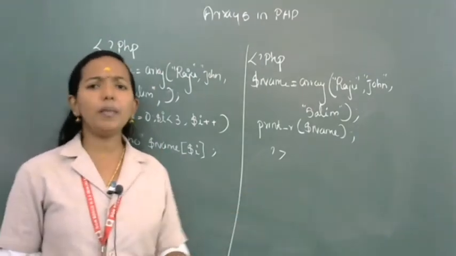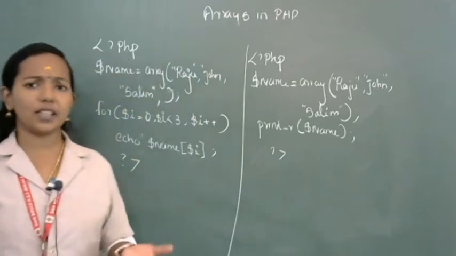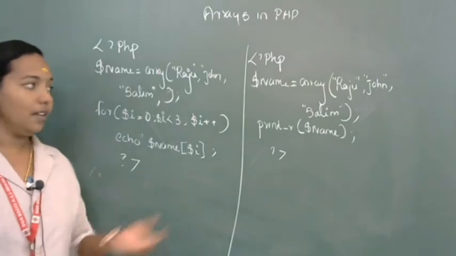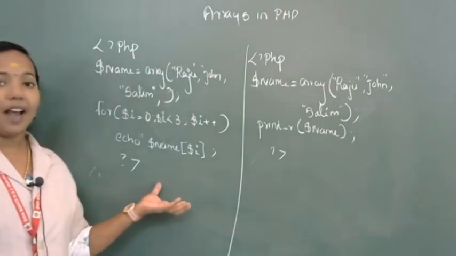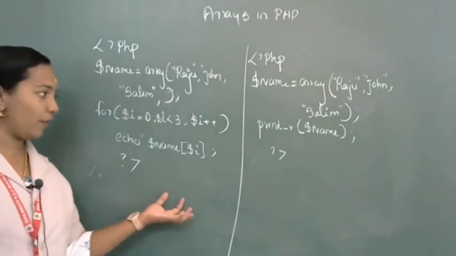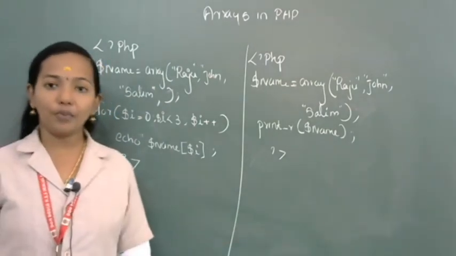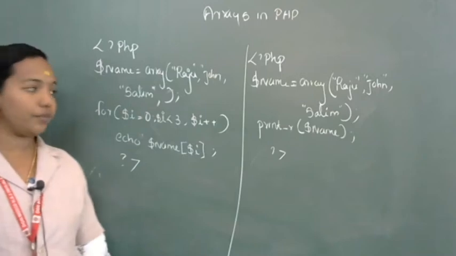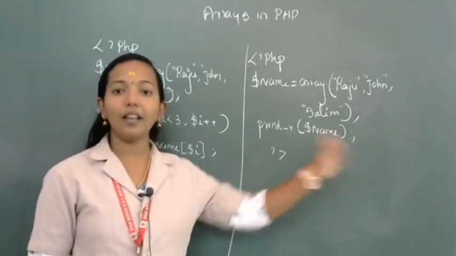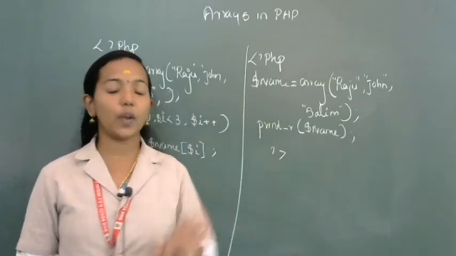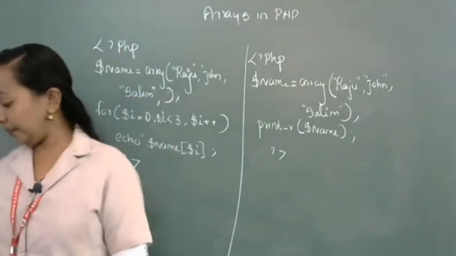Because so many compiler-derived functions are available, we can make use of those functions for executing PHP. So this is an example of a simple array, printing using a for loop, and the second one using the print_r function. You don't want to specify any condition, you write print_r and the array name, then it will print all the values from first location to last location.